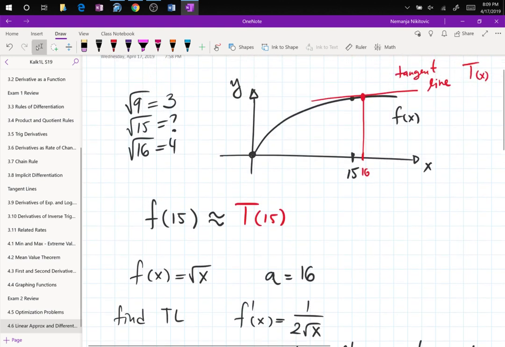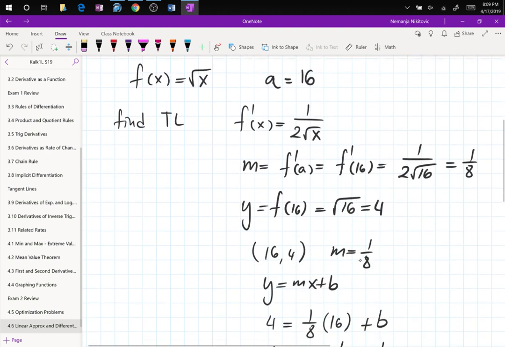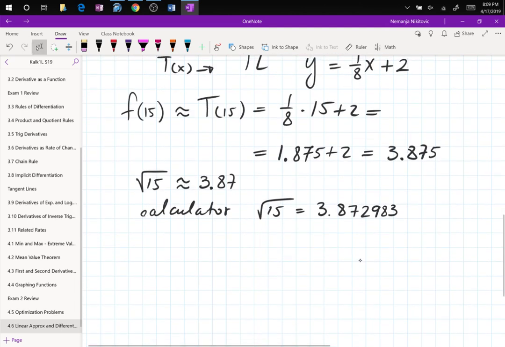Because if I go here and calculate the tangent line at 1, how far is my tangent line at 15 from the original? It's really far, right? So it's really wrong. So the key point, guys, is that if you need to compute a value, you compute at the closest nice value that you get.